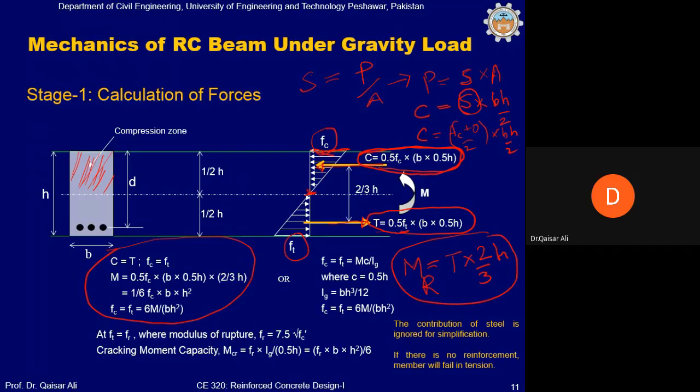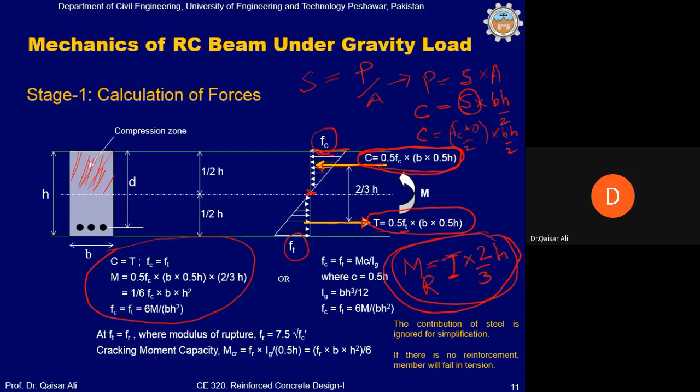In the case of a beam where there is no reinforcement, this MR will be completely coming from concrete in tension. This T is coming from concrete, tension in concrete, and 2/3 is the lever arm.